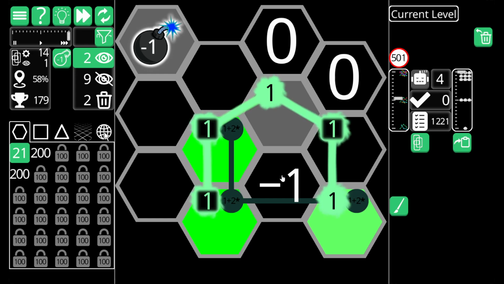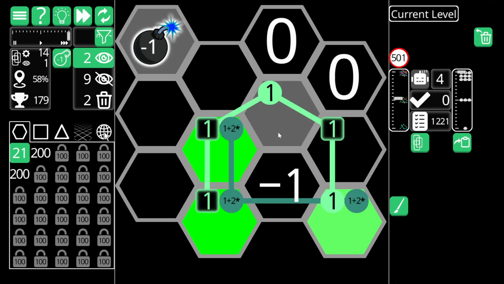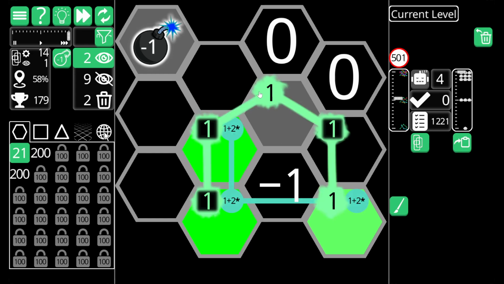I mean, I guess that's not really anything special. This cell is still a negative mine. It just counts as one towards this region. Okay, so I don't think I care about this. Well, I do care.